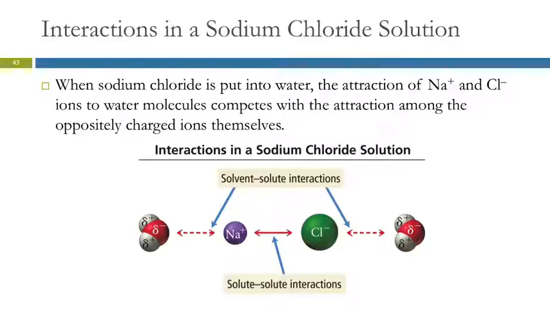So when we put sodium chloride into water, sodium chloride has sodium ions and chloride ions. They are very strongly attracted to each other because of their opposite charges. In order for the sodium chloride to dissolve, that attraction has to be replaced with some other attraction. So to pull these guys apart from each other, well, the sodium looks over here and sees the negative end of a water molecule and is attracted to that.